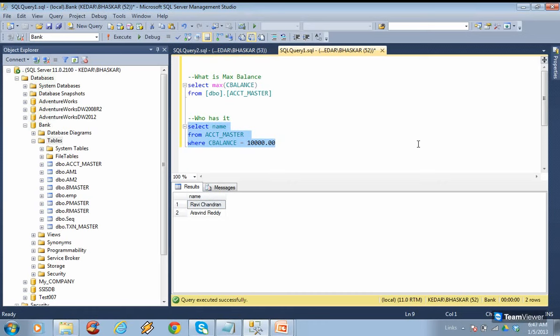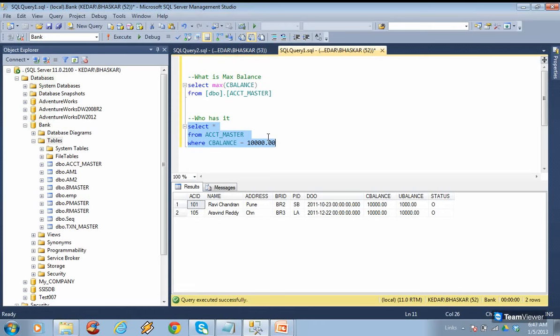We have Ravichandran and Arvind, the two people who have the maximum balance. You can put star as well so that you understand the complete picture. So Ravichandran, Pune, BR2 branch, maximum clear balance is 10,000 rupees. Arvind Reddy from BR3, loan account, has 10,000 rupees as the balance. So this would be the right approach.